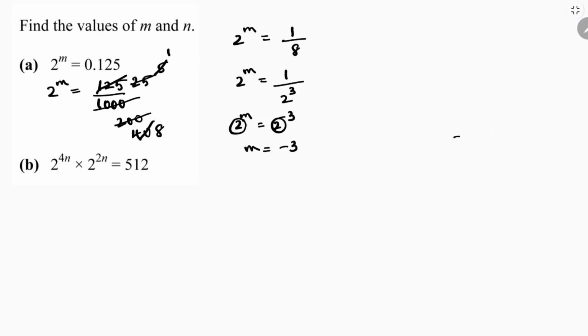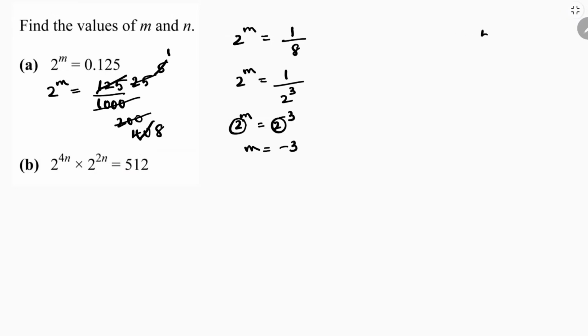Next question, in the same way, here we have 2 and here also the base is 2, it is 512. So I'll write 512 in terms of 2 power some number.